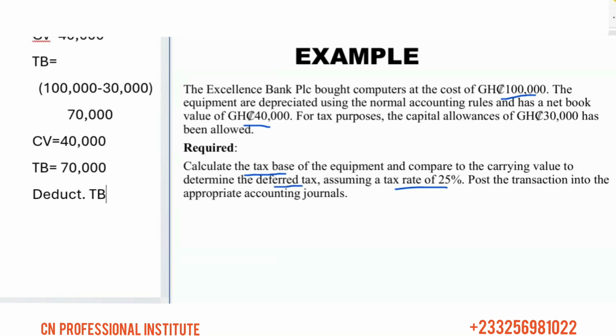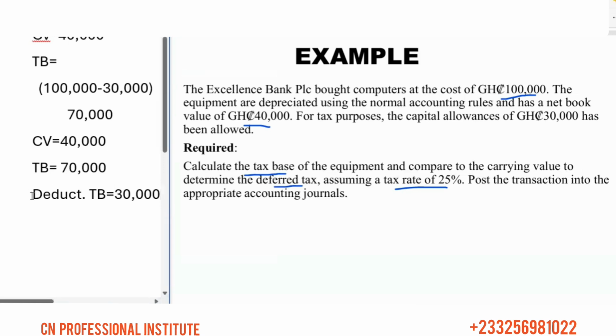The current value is less than the tax base, or the tax base is bigger than the current value. It's a deductible temporary difference, which will give us a deferred tax asset. So deductible temporary difference of how much? 30,000, right? That's the difference between the 70,000 and the 40,000.